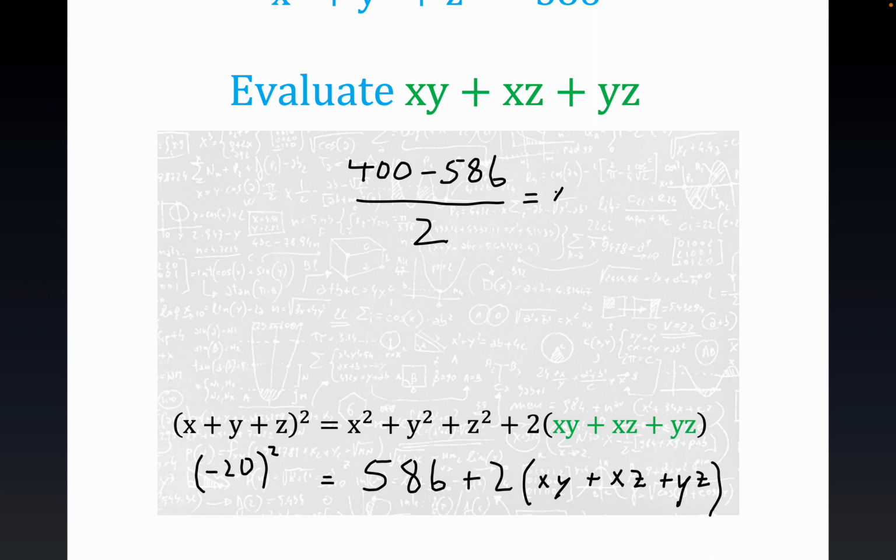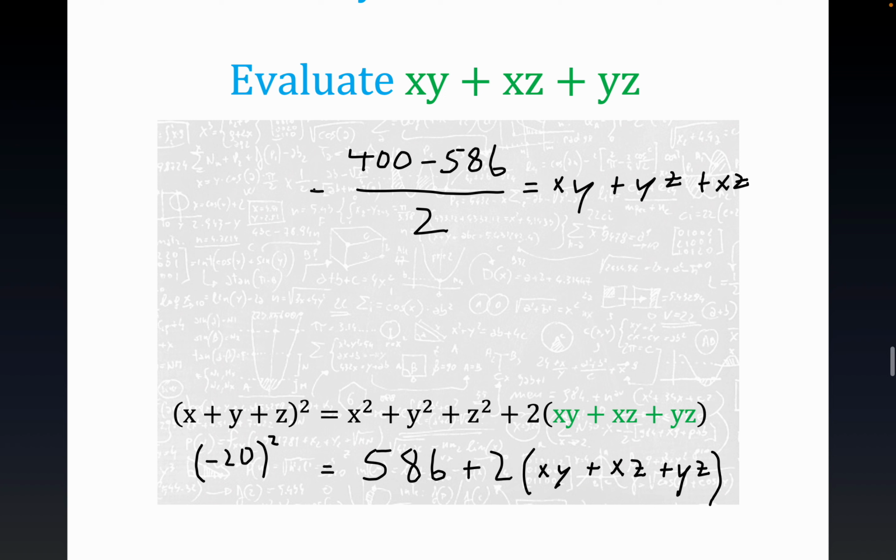xy plus yz, I wrote it in reverse, y'all, but plus xz, it's the same thing, right? Fortunately, addition is commutative, so xy plus xz plus yz, and so what is this?